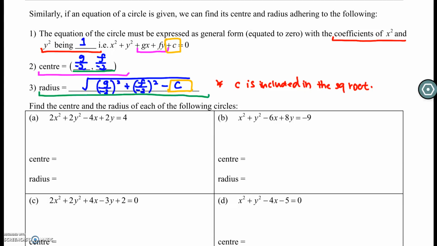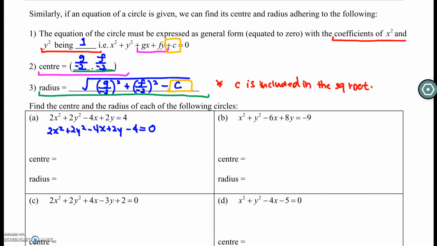Right, let's try a few examples of how to find the center and the radius of a circle given the equation. So let's do part A together. First step, we have to ensure that the equation of circle must be expressed in general form, equating it to 0. So in this case, we'll have to bring our 4 to the left-hand side, which will get -4 equals to 0.